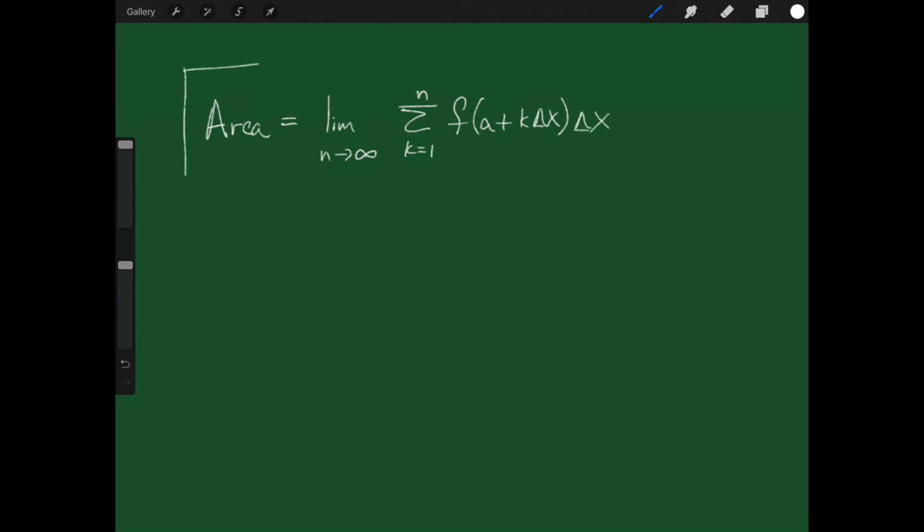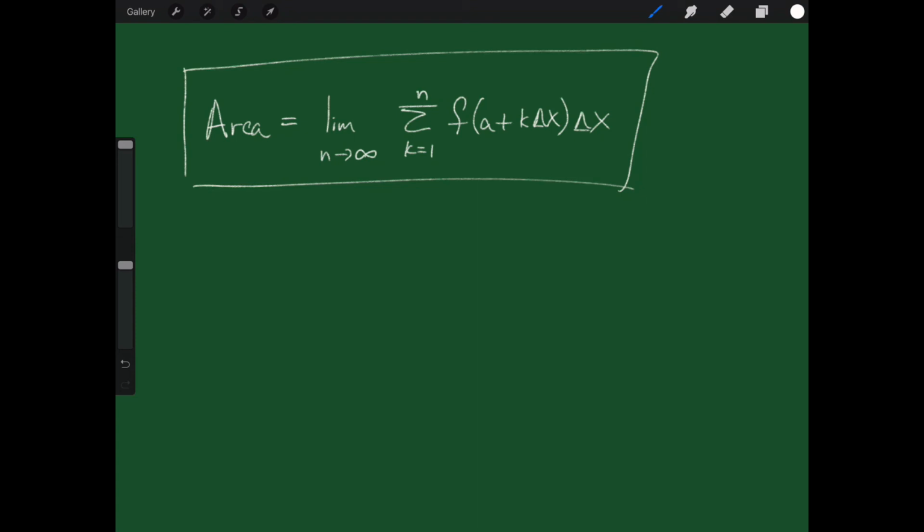And this is technically how we take a definite integral. Okay, we might call this the definition of the definite integral. And what I mean by definite integral is I want to take the area under the curve. So this is how I do it in general. I add up a bunch of rectangles. That's always what it is.